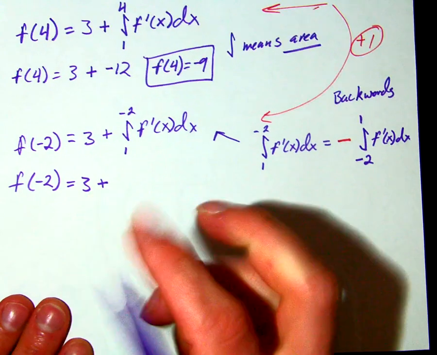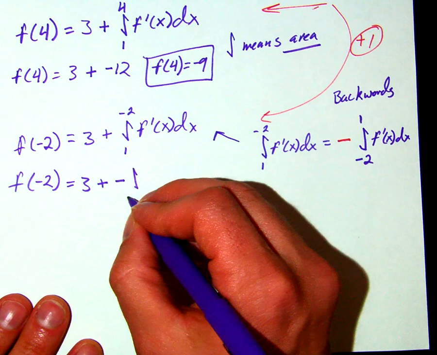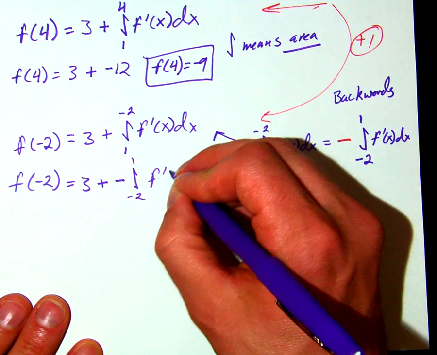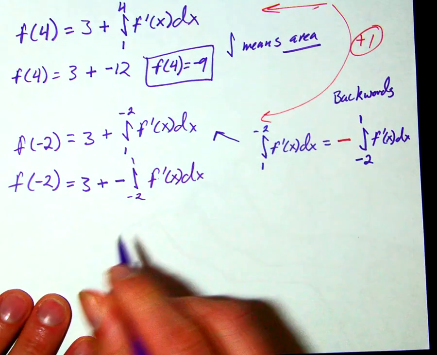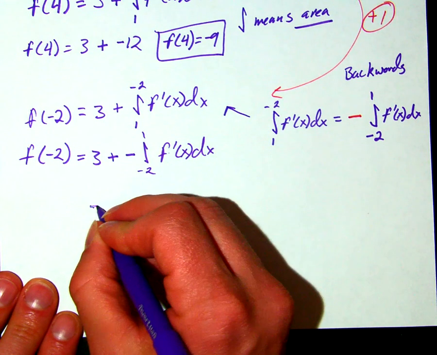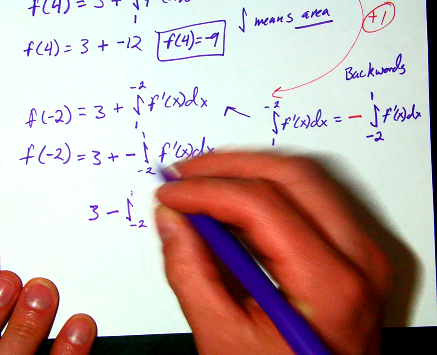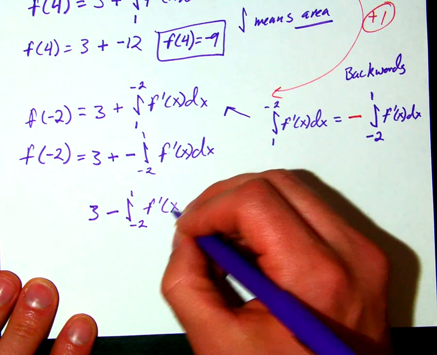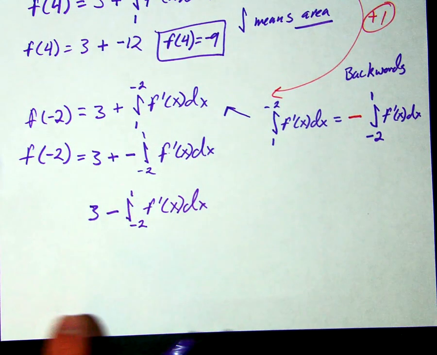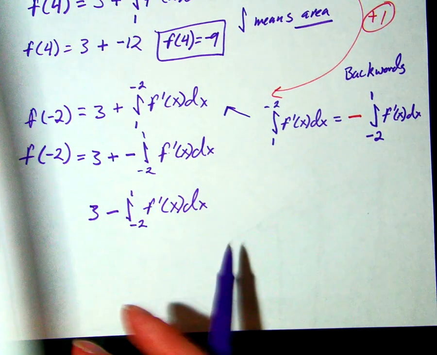So you could make this 3 plus negative integral from -2 to 1 of f prime of x dx. I think that's confusing, plus negative. This might be easier to think about as 3 minus the integral from -2 to 1 of f prime of x dx. Okay? So we go back to my chart. We're going from -2 to 1.